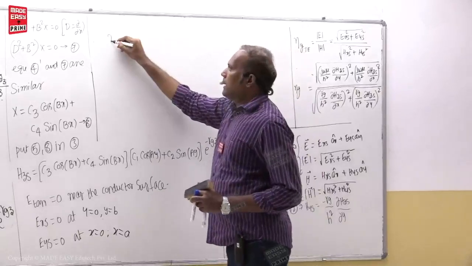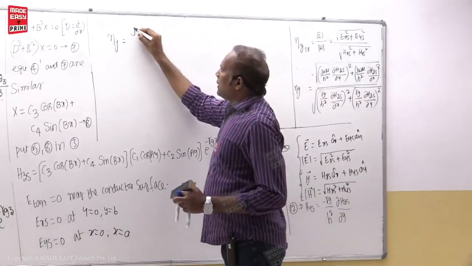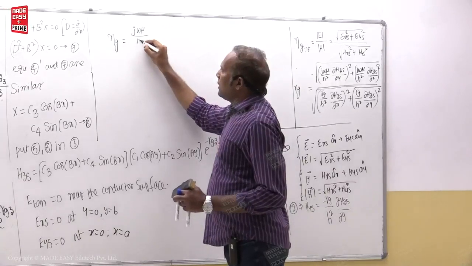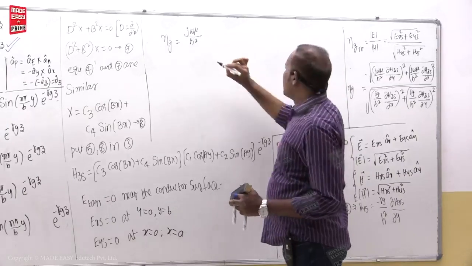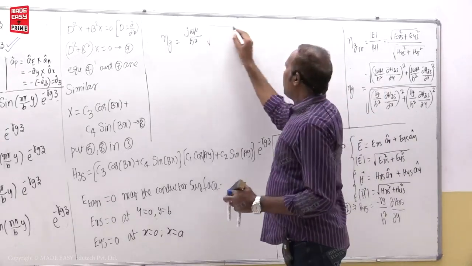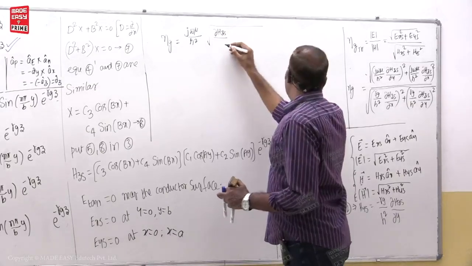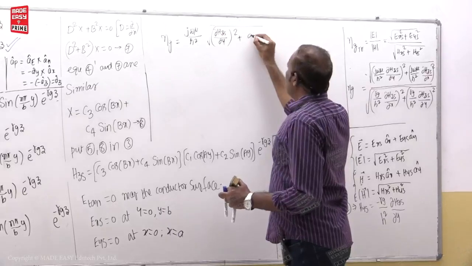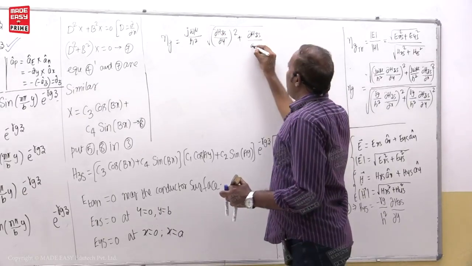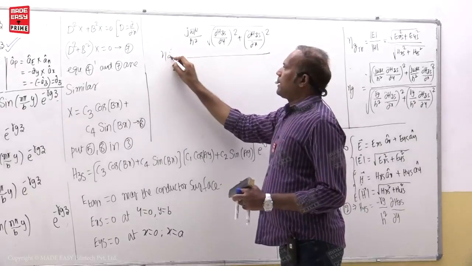Now eta g is equal to, in the numerator, j omega mu by h square whole square; inside the root, this much remains. Then root of (dou hzs by dou y) whole square plus (dou hzs by dou x) whole square, divided by eta g.